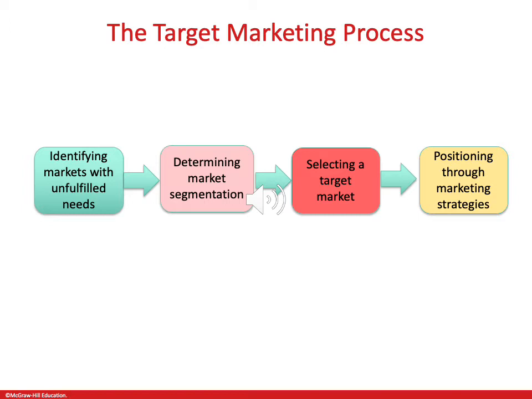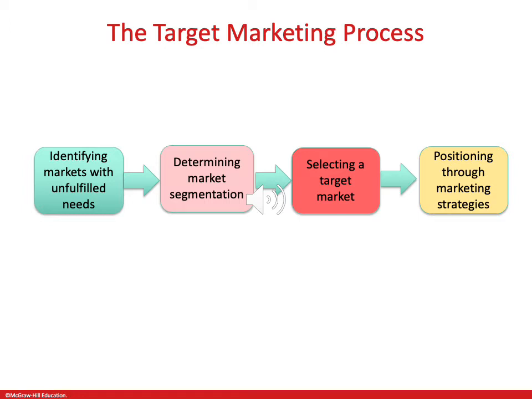So start by identifying those markets or those groups of consumers that have unfulfilled needs. That kind of leads us to determining market segmentation. And we're about to talk about how there are multiple ways we can segment a total population to come up with the segment that's going to make the most sense. And once we've done that market segmentation, then we can go about selecting a specific target market from those various segments.